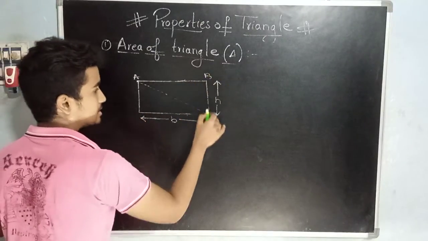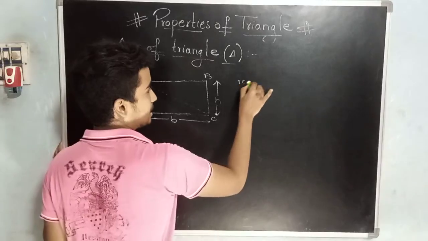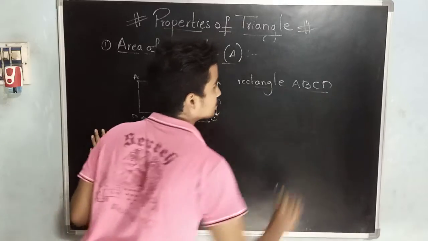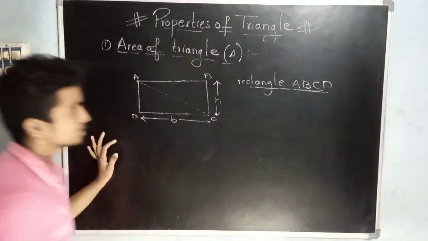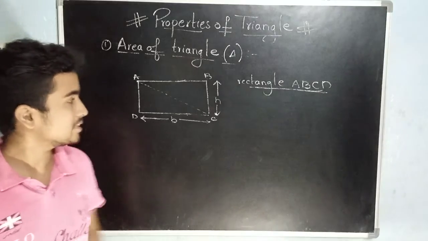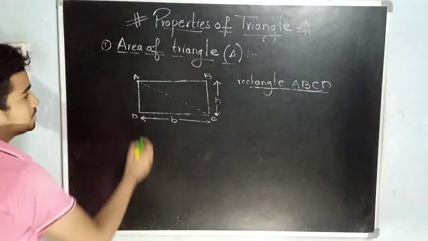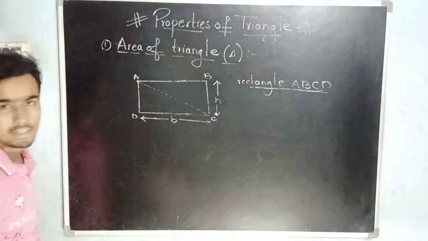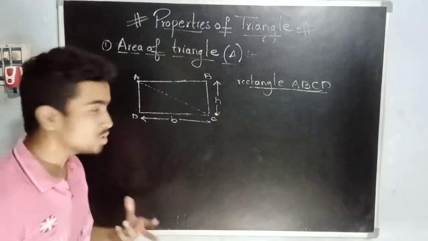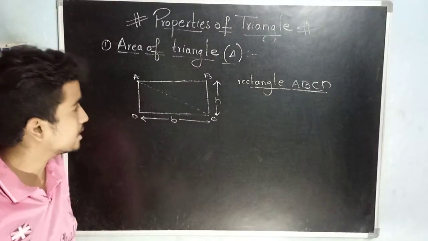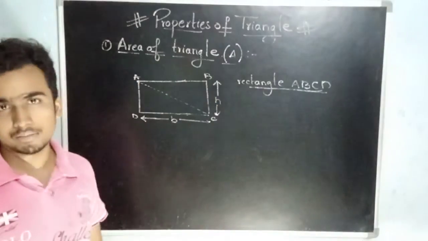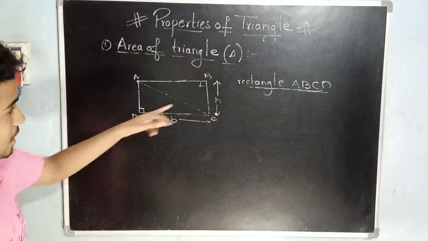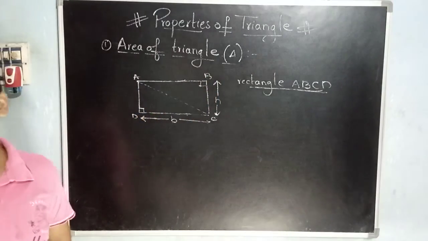Rectangle A, B, C, D. In this rectangle ABCD, let me draw a diagonal joining vertex A and vertex C. So we see there are two triangles formed, triangle ADC and triangle ABC, which is right angled at B. It means angle B is equal to angle D is equal to 90 degrees.